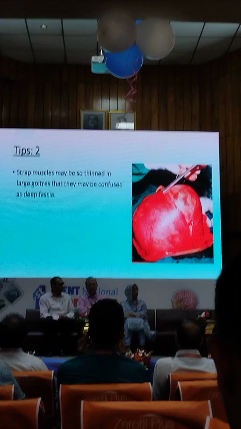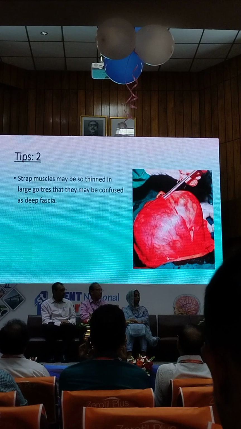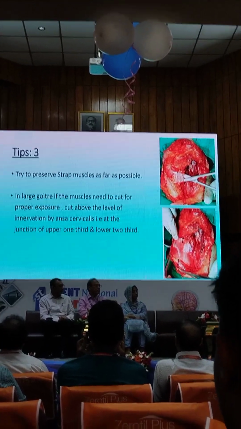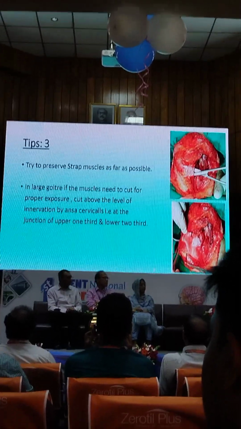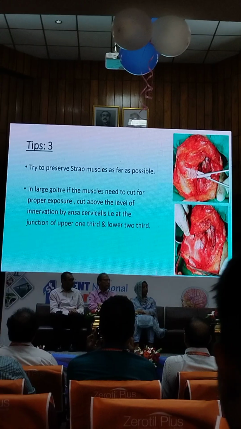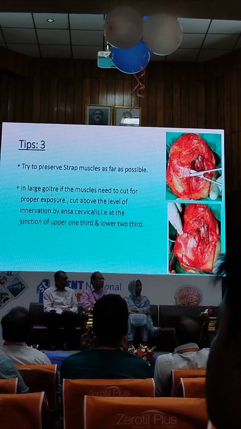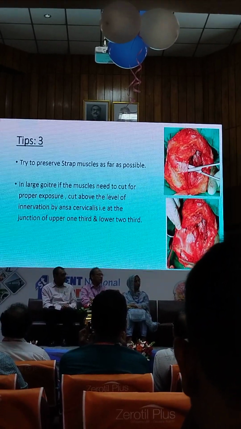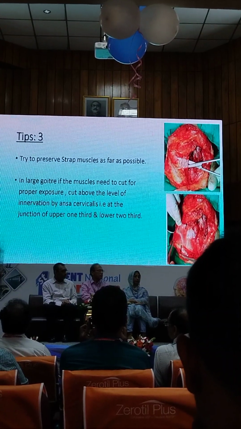The strap muscle may be so thin in a large goiter that it may be confused with deep fascia, and we should remember it and try to preserve the strap muscle as far as possible. In a large goiter, if a muscle needs to be cut for proper exposure, it should be cut above the level of innervation by the ansa cervicalis, at the junction of upper one third and lower two thirds.